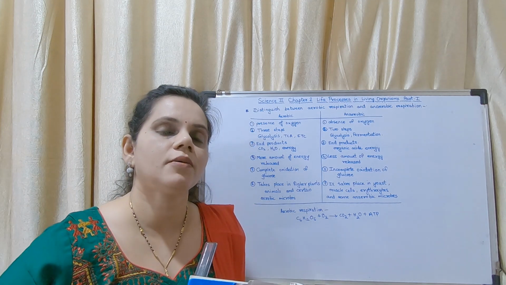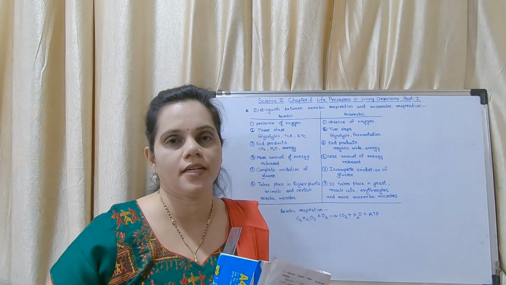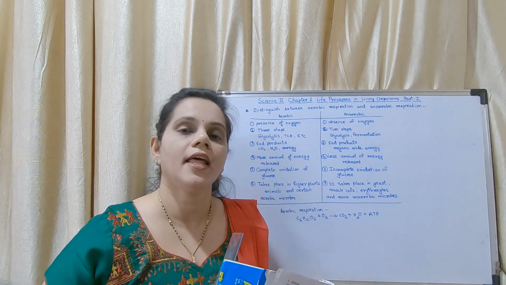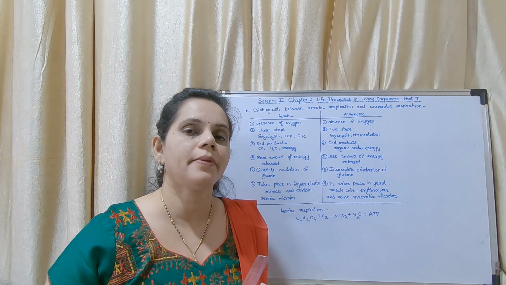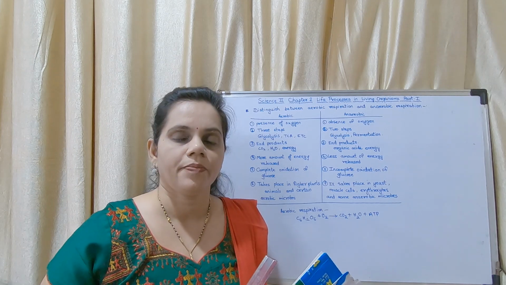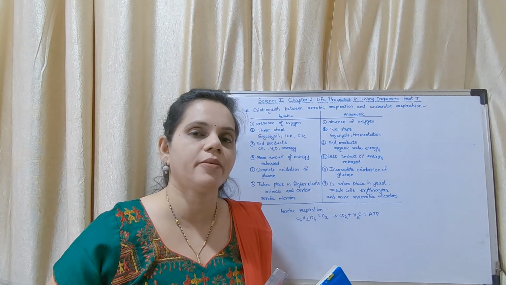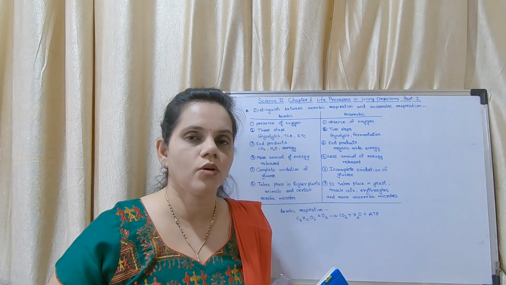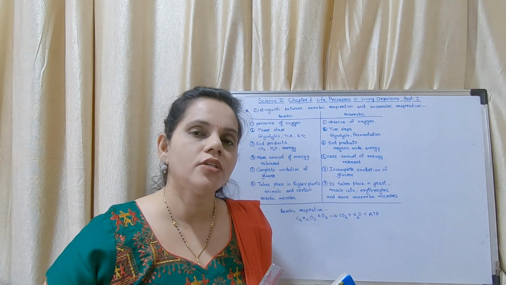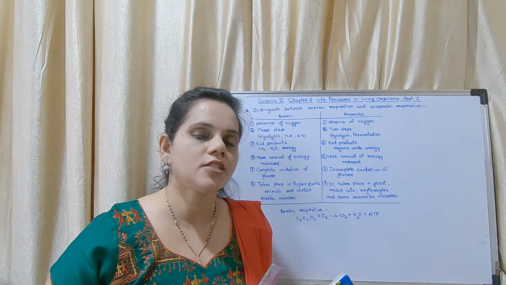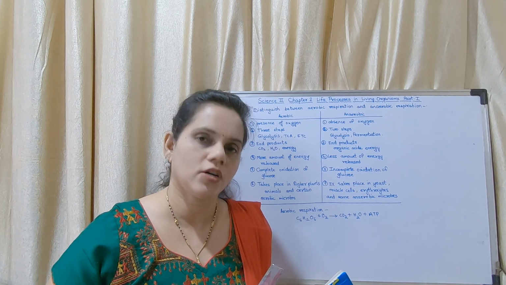When we do enough muscle work, that is physical activity like exercise, then what happens? The blood flow is not enough, so the cells do not get enough oxygen. I repeat, during exercise our cells do not get enough oxygen.